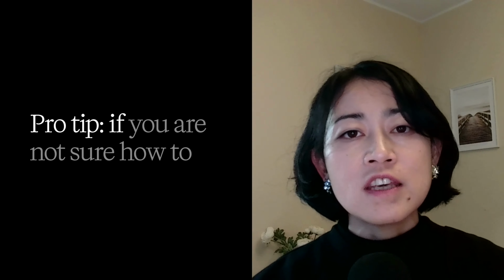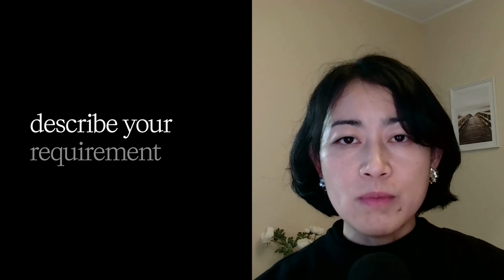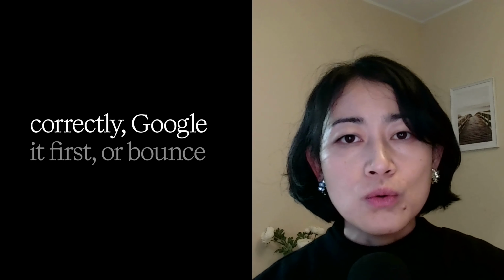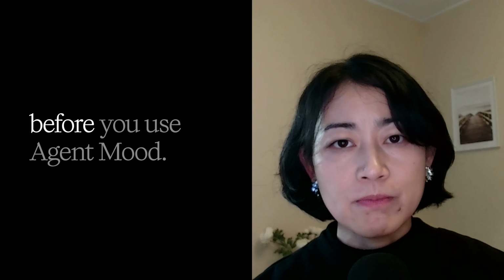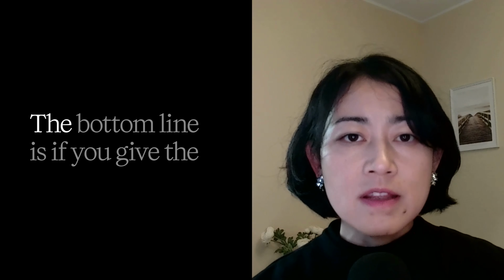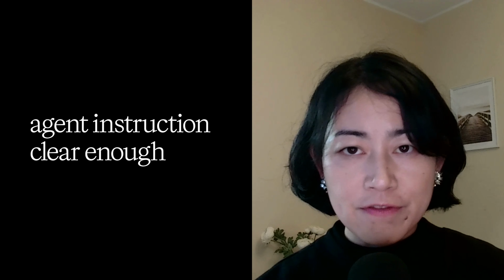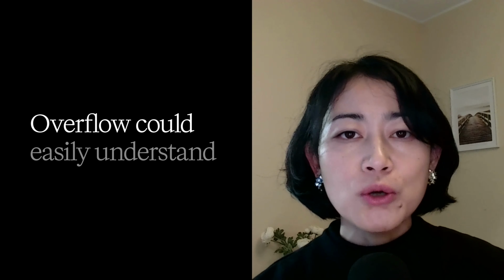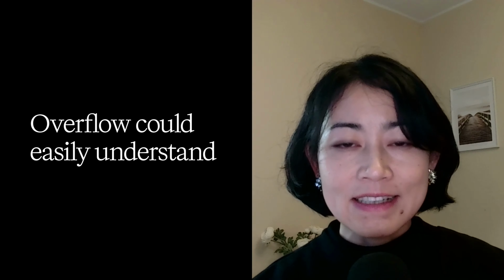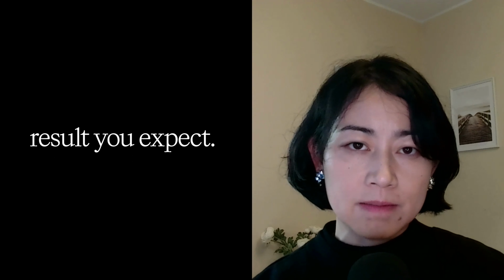Pro tip: if you are not sure how to describe your requirement correctly, Google it first or bounce ideas off ChatGPT in chat mode before you use agent mode. The bottom line is, if you give the agent instructions clear enough that someone on Google or Stack Overflow could easily understand and interpret them, you will get the result you expect.